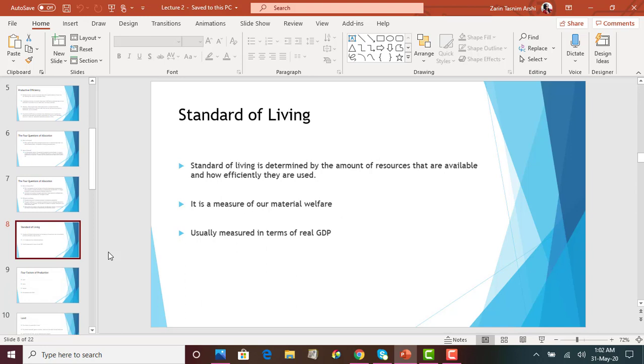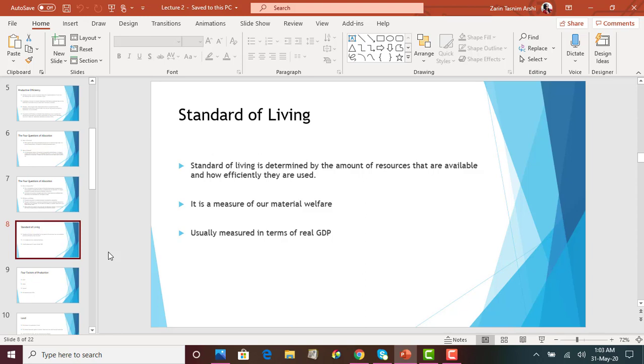Another concept that the book talks about is called the standard of living. I'm sure most of you have heard about this term. What it means is, it determines the amount of resources that are available and how efficiently they are used. Standard of living is a good indicator of how the economy is doing. It is usually measured in terms of GDP, and it is a measure of our material welfare.